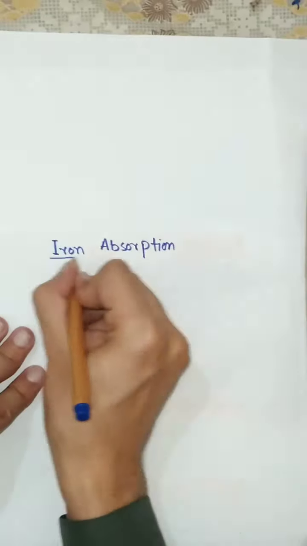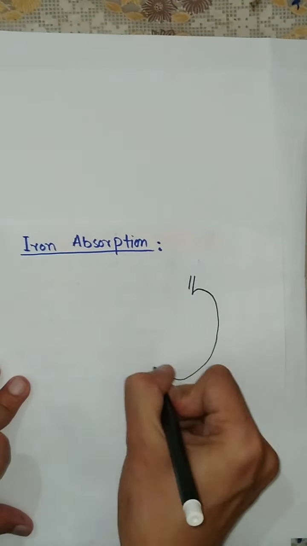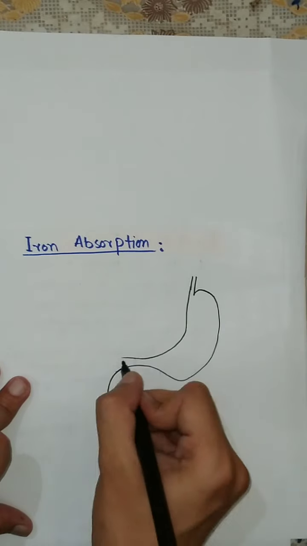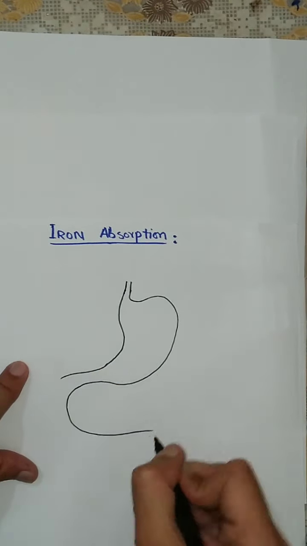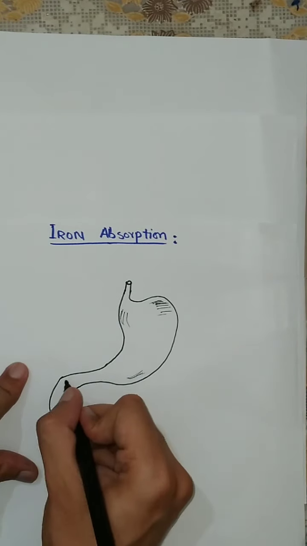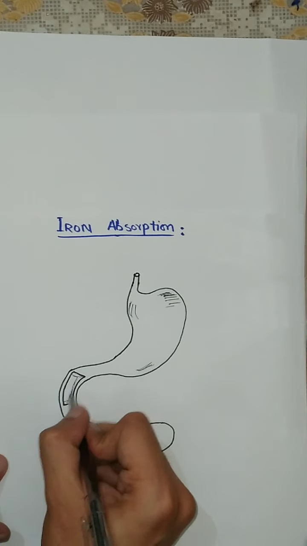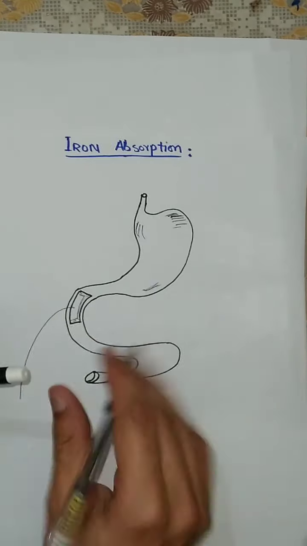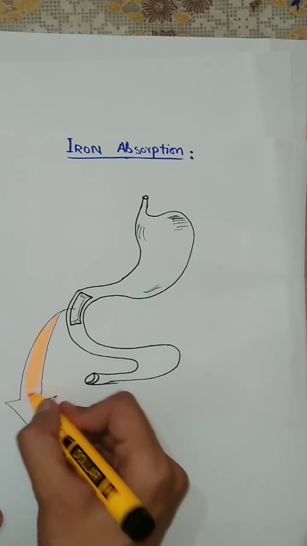The most important part of this lecture is iron absorption. How is iron absorbed? When we eat iron-containing foods, the iron from the lumen of the intestine is absorbed into the enterocytes. There are different enzymes and transporters which help in the absorption and transportation of iron.